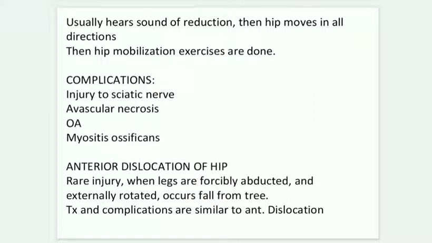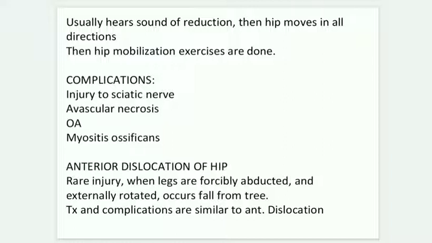Complications include injury to the sciatic nerve, avascular necrosis of the femoral head because the head lies posteriorly, osteoarthritis, and myositis ossificans. Anterior dislocation of the hip is a rare injury. It is sustained when the legs are forcibly abducted and externally rotated.